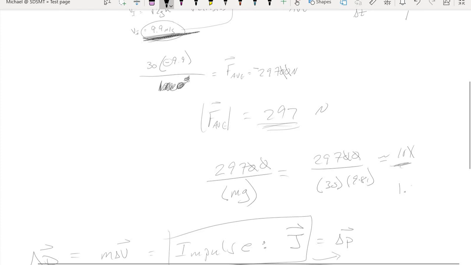Looks like we get about 1.01 times the amount of force that would be experienced just standing there.